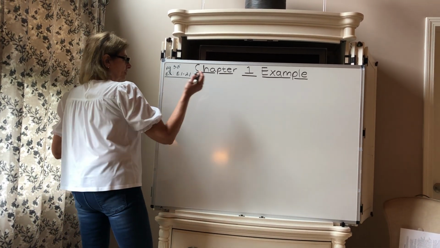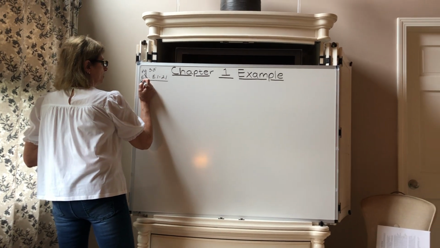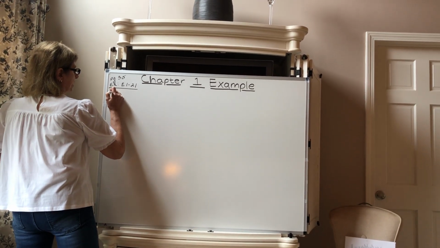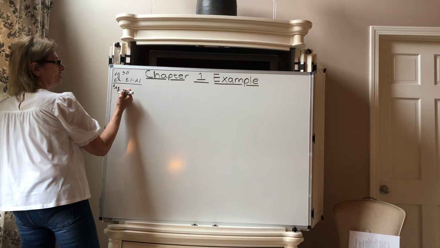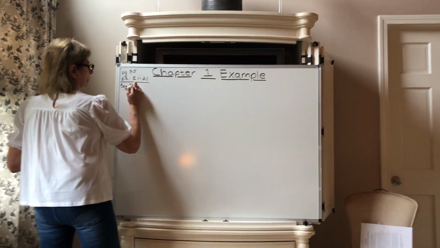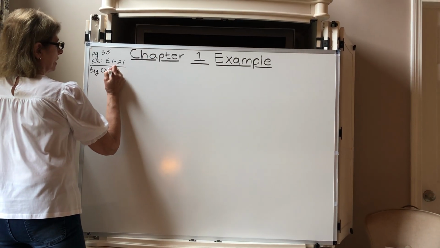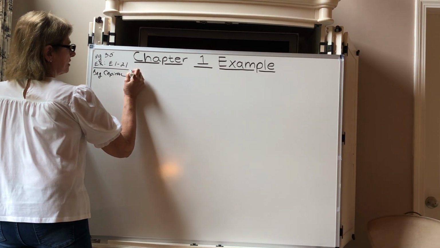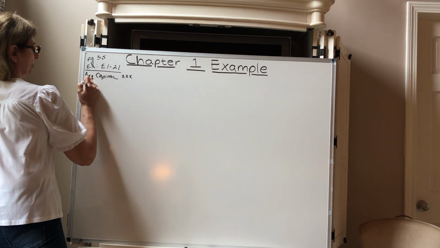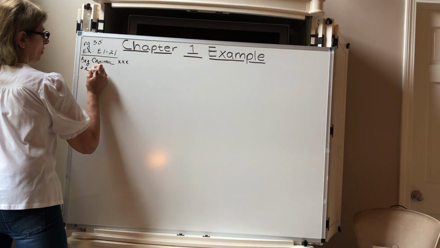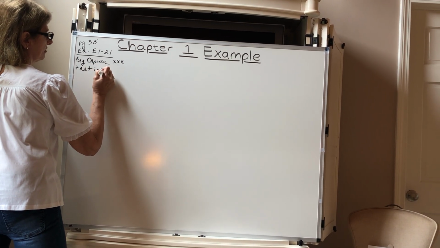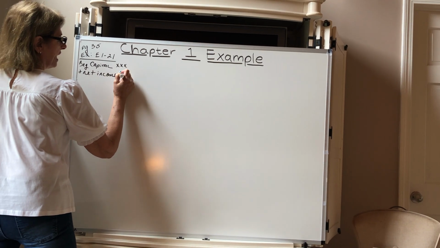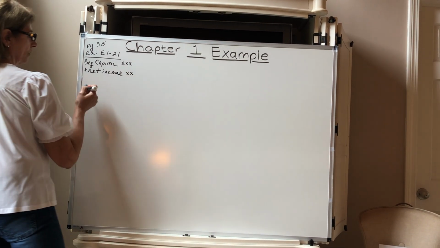So normally when you have your statement of owner's equity, you would have the beginning capital. I'm just going to put BG for short, right? Whatever that is. I'll put some X's, okay? Plus whatever your net income was for the period. Whatever that is gets plussed, okay?